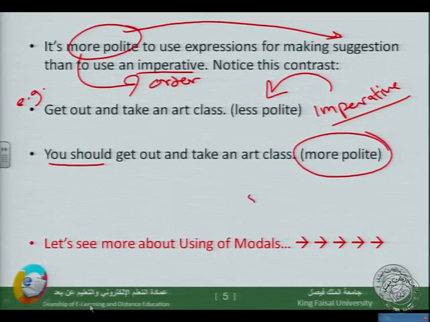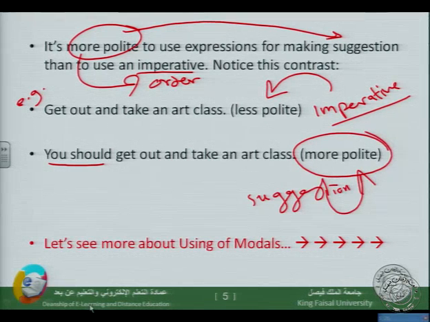So when you make a suggestion, when you suggest, it is more polite. Suggestion is more polite than imperatives. So this is the goal for our first step in this class, to speak English politely, using suggestions, not to use the imperatives or orders.